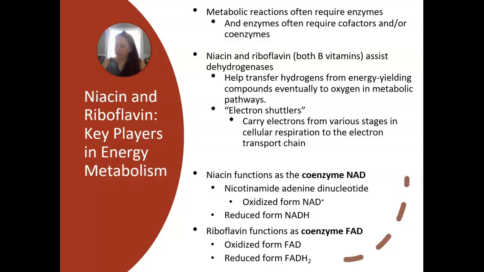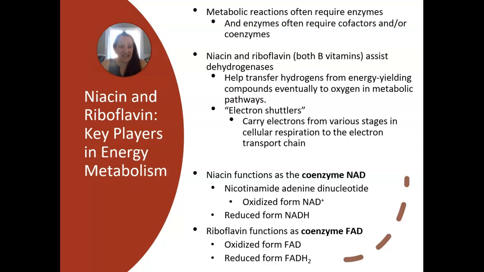Since we're talking about electrons, I have to introduce you to niacin and riboflavin. These are key players in energy metabolism. Oftentimes metabolic reactions will require enzymes, and enzymes often require cofactors and/or coenzymes. Niacin and riboflavin are both B vitamins, and they're cofactors.